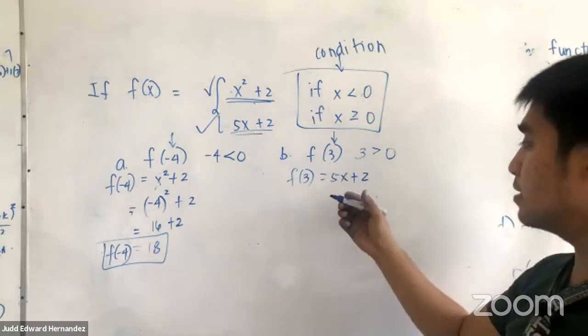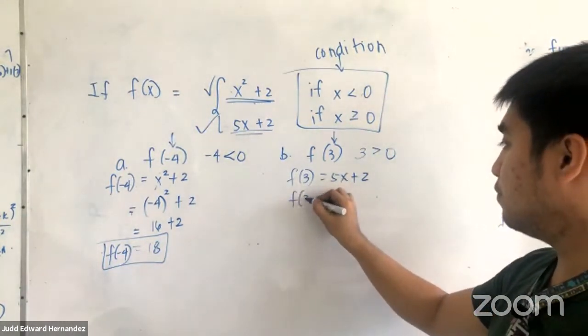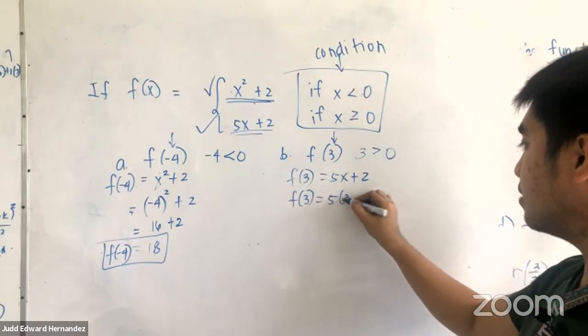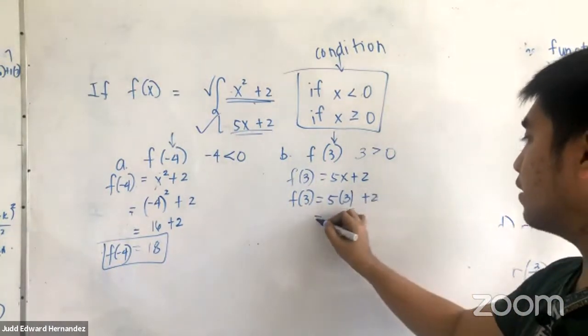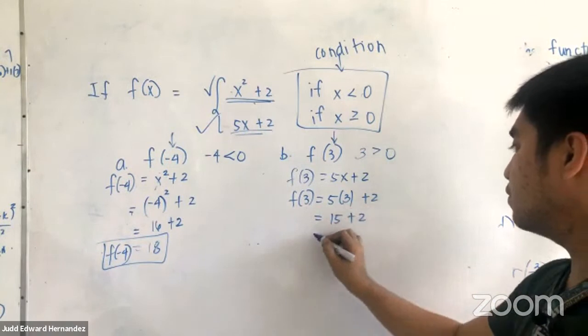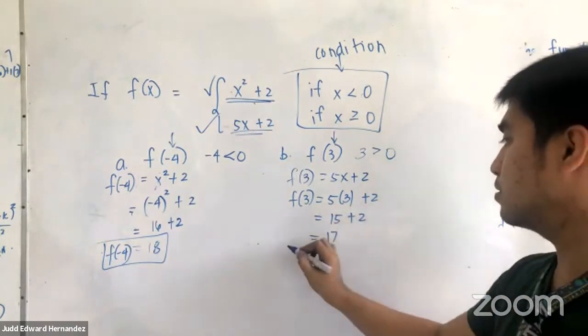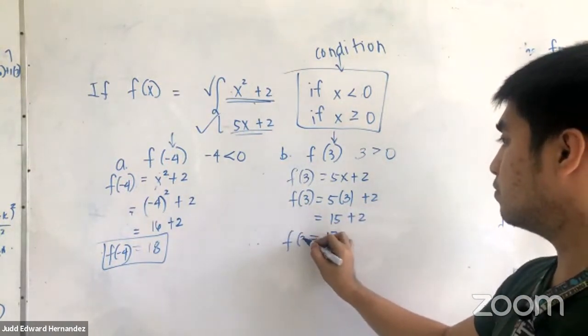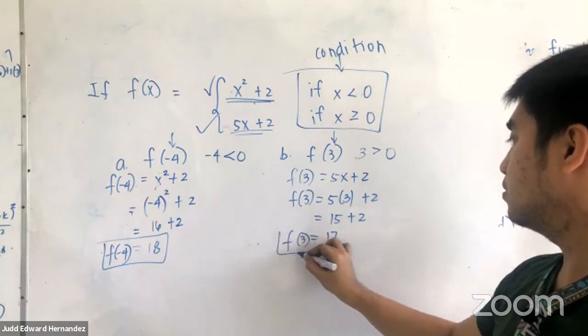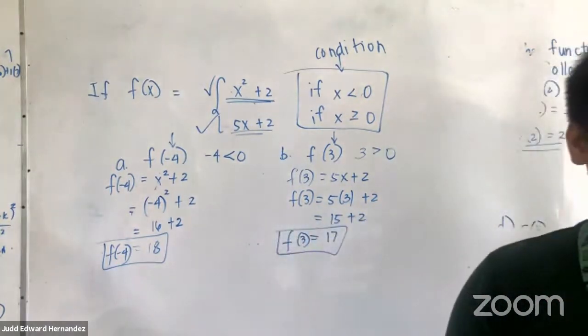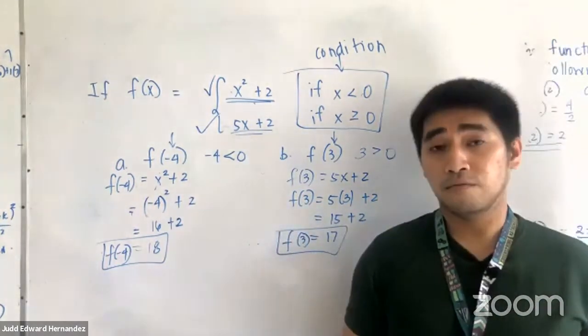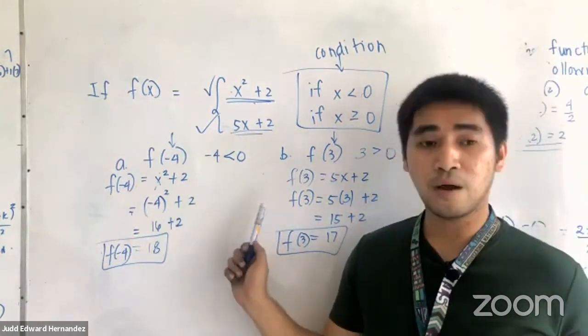And this becomes f of 3 is equal to 5 times 3 plus 2. 5 times 3 is 15. 15 plus 2 is equal to 17. Therefore, f of 3 now is equal to 17. So this is how we evaluate a piecewise function.